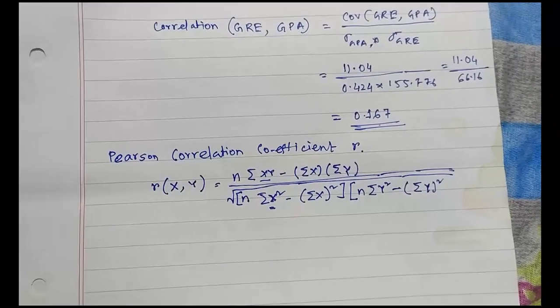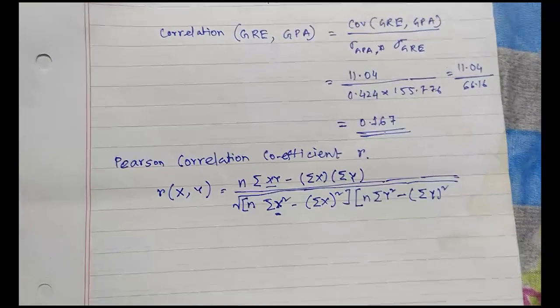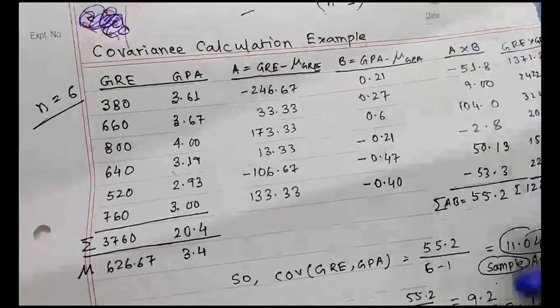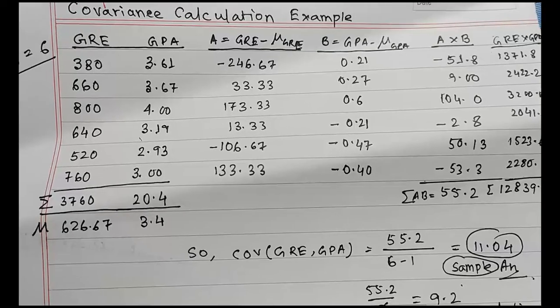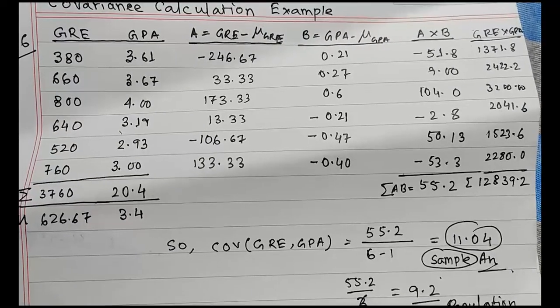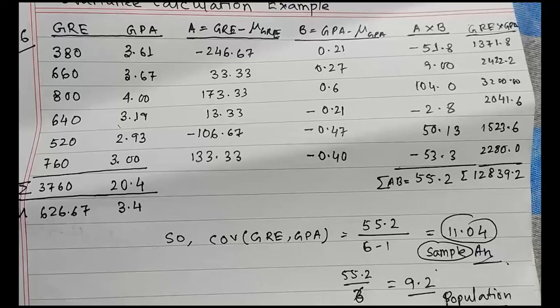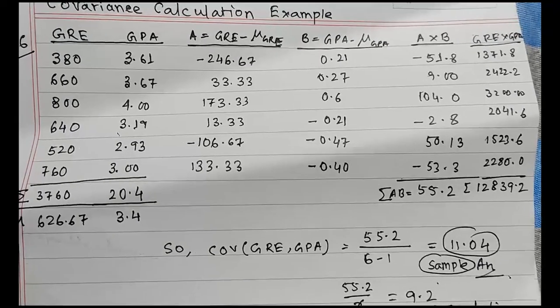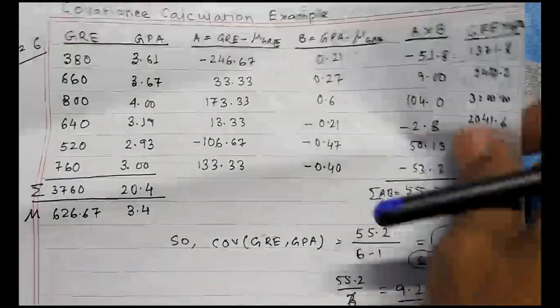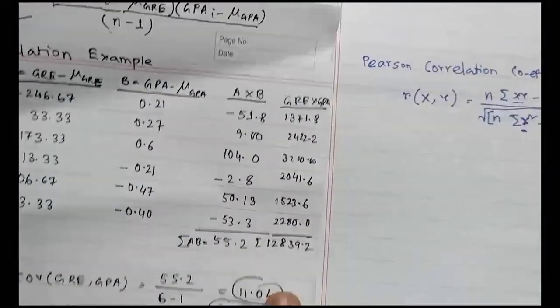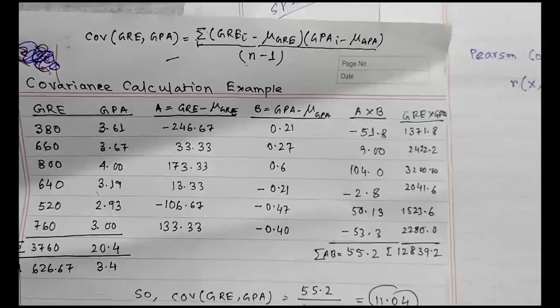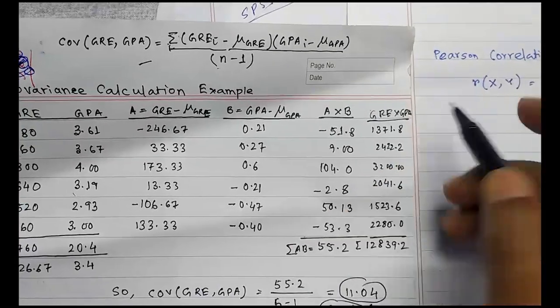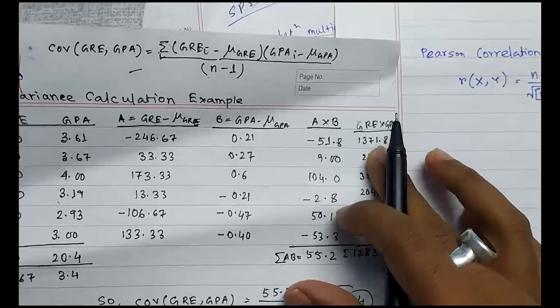In the earlier example, we have computed summation of GRE, summation of GPA, and GRE into GPA as well. So the two things we need to compute more are GRE square and GPA square.